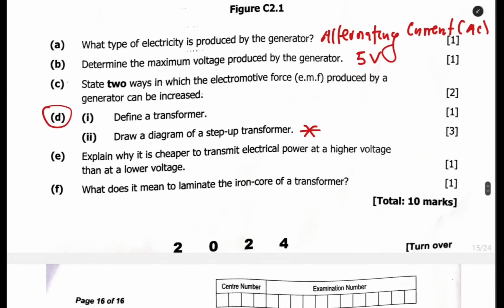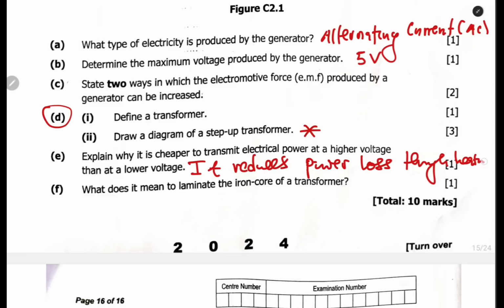Then question E, explain why it is cheaper to transmit electrical power at higher voltage than at lower voltage. So, one, it reduces power loss through heating.